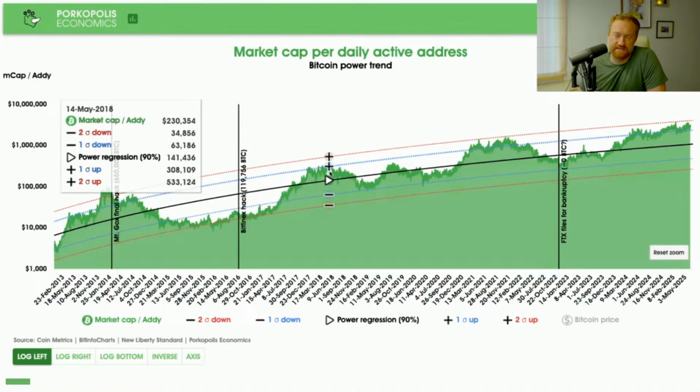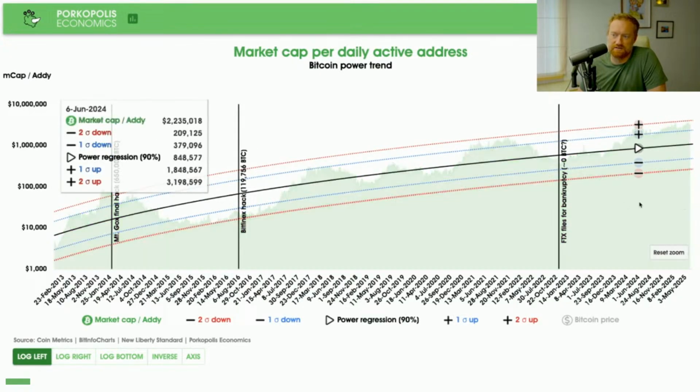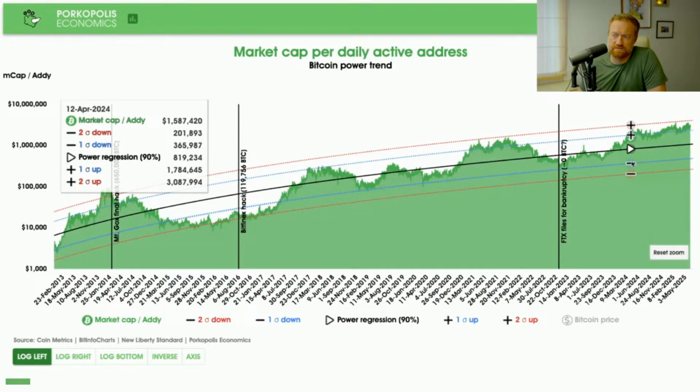There's a couple things you can say here. First of all, Lightning Network was not around here. It was growing pretty fast here, but it was still kind of nascent. It's pretty active here. So it's possible that the volume of payments does not necessarily need to be reflected in the daily active address count.